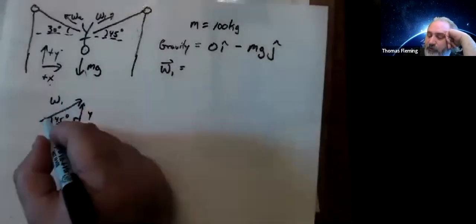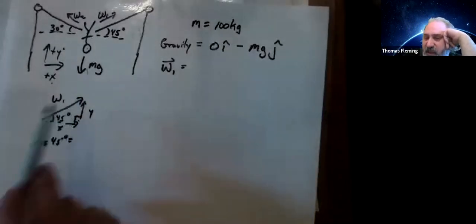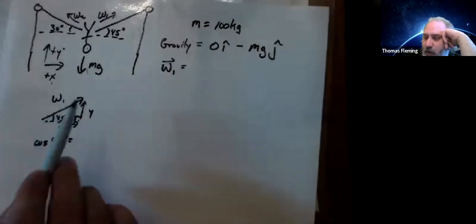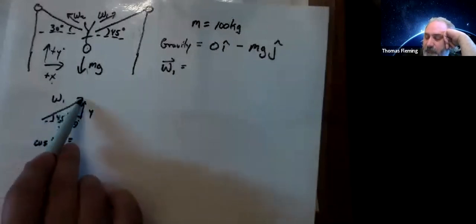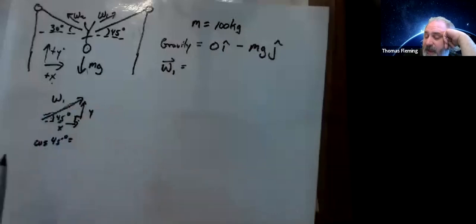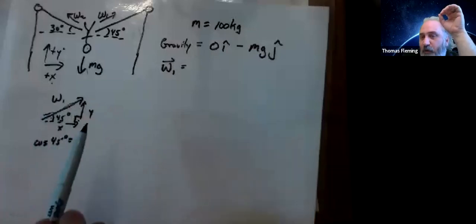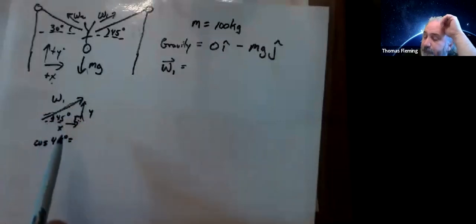So W1, the total force, is my hypotenuse. The adjacent side is the side of the triangle that touches the angle, but isn't the hypotenuse. So you can see this touches that angle, this touches that angle. So the x part is the adjacent side of the triangle. And the opposite side of the triangle does not touch the angle at all. It's over here, it doesn't touch that 45-degree angle.